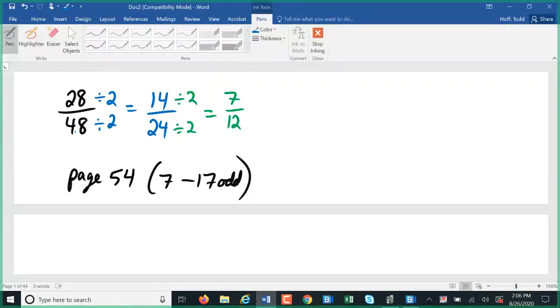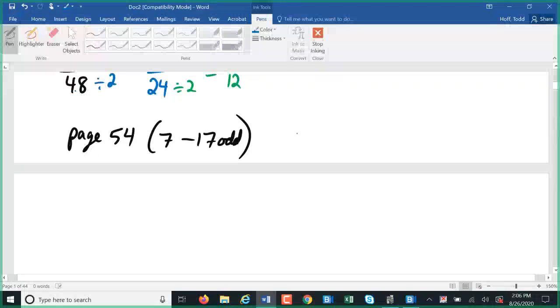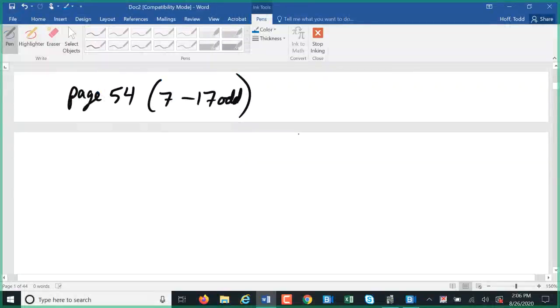I said a few of you aren't quite done yet, but that's okay. For number 7, 2/8 reduces to what? 1/4. Good. Number 9, 6/16 reduces to 3/8. Good. Number 11, 90 over 80 reduces to 9 over 8.